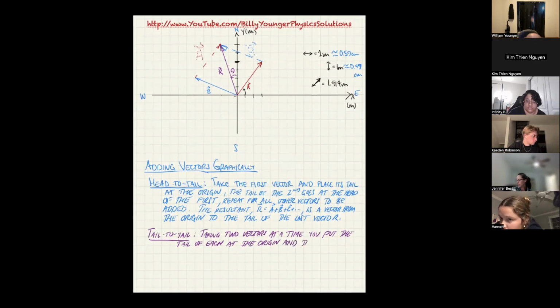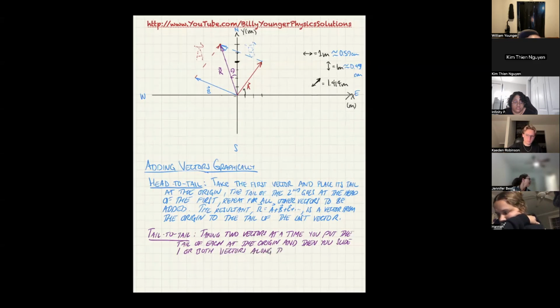And then you slide one or both vectors along the other to form a parallelogram.